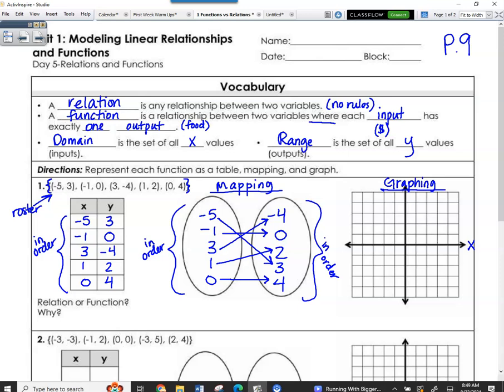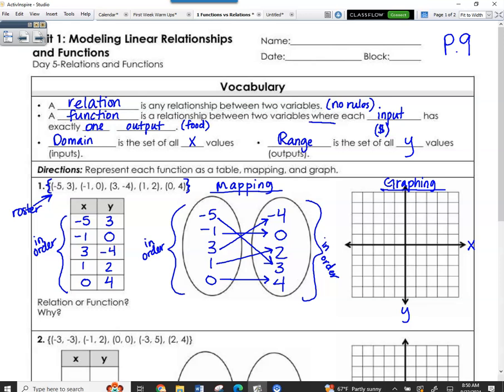Then you have your vertical axis, which is the Y values. And common sense kicks in here. If I'm going to the right, that would imply what type of number? Positive. If I'm going up, that would imply what type of number? Positive. If I'm going left, negative. And if I'm going down, negative. So common sense kicks in on what the signs should be.